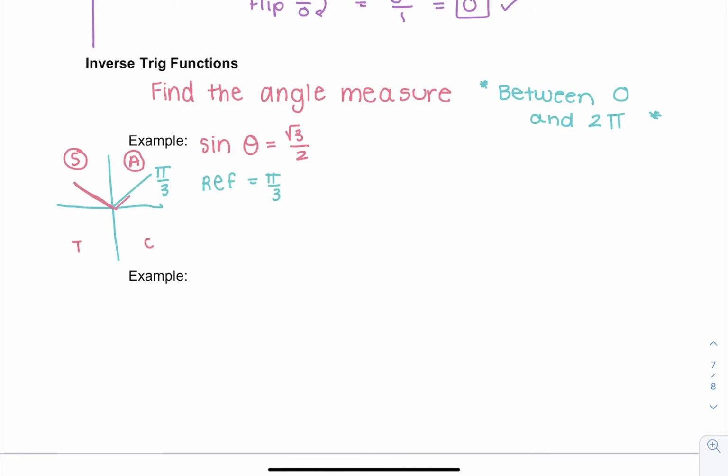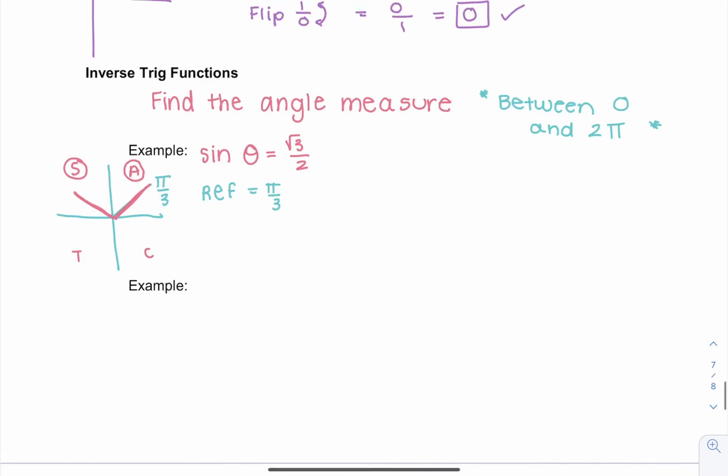So what's the value that's paired with pi over 3 that goes in the second quadrant? Well, that's going to be 2 pi over 3. So remember, I have these other 2 angles that are 4 pi over 3 and 5 pi over 3. So those angles I can't use because they would have a negative value. So the 2 angles I'm going to use are pi over 3 and 2 pi over 3. And there's my final answer.